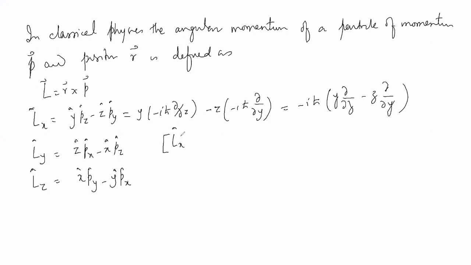Therefore, if we talk about the commutator of Lx, Ly, this is given by, just using the expressions here, Ypz minus Zpy, comma, Zpx minus Xpz.